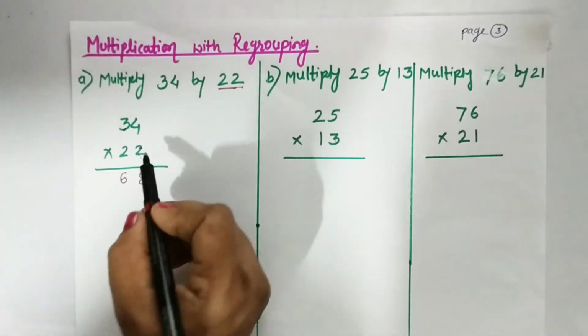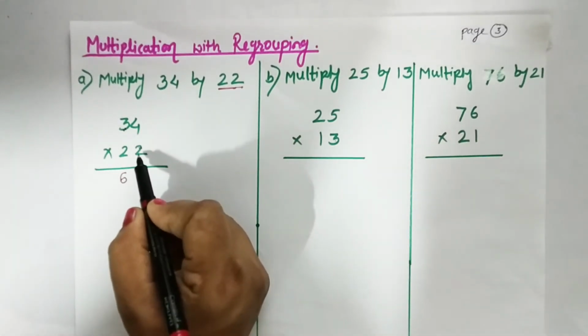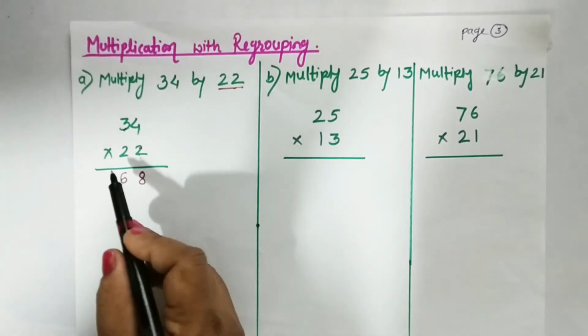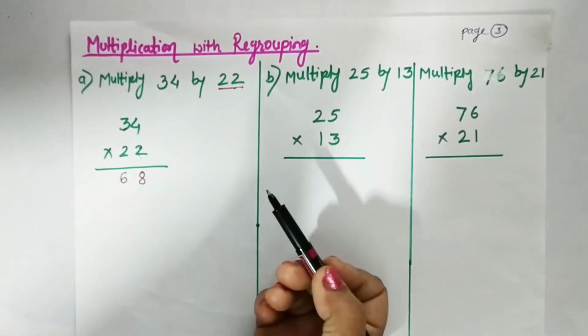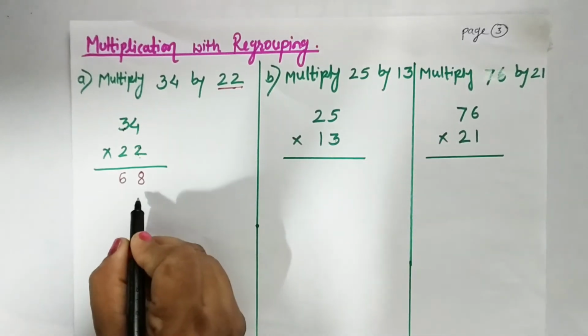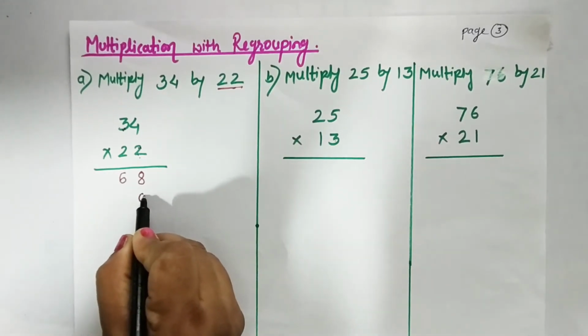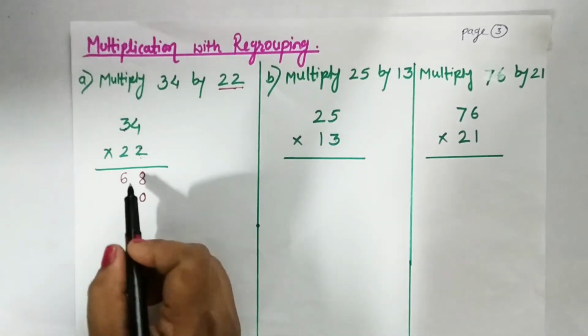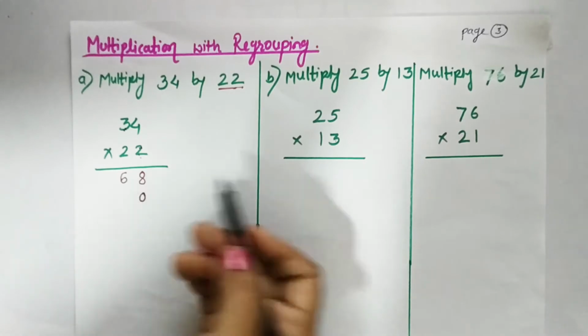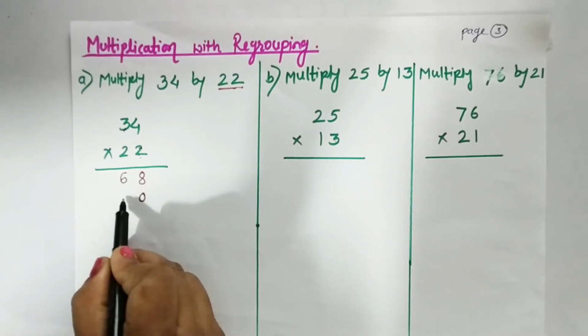Now with the ones place number, we have done multiplication. Now we'll move toward the tens place. But before starting the tens place, we have to put 0 over here. Keep in mind, before starting the tens place, put 0 over here, then start writing numbers.